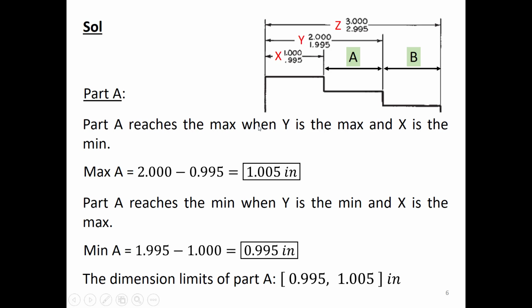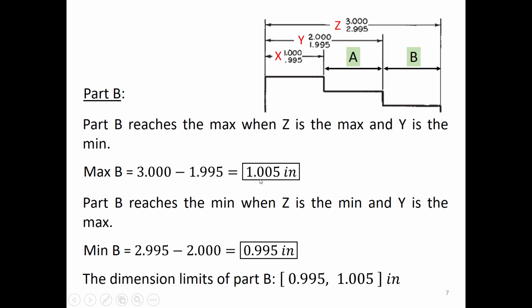And a similar thing for part B. So B is going to be the max when Z is the max and Y is the smallest. So the maximum of B is going to be the maximum dimension of Z, which is 3, minus the minimum y, which is 1.995. So this is the number.